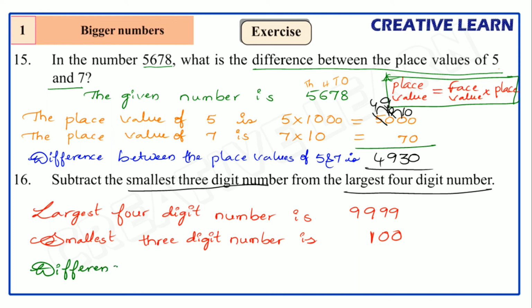The difference between the smallest 3-digit number and the largest 4-digit number.